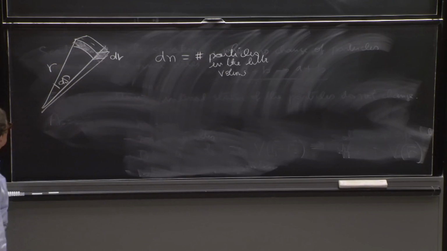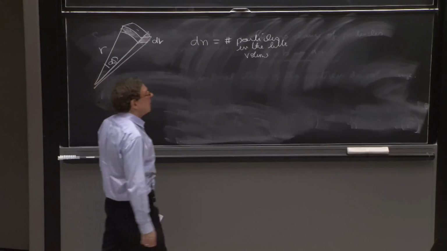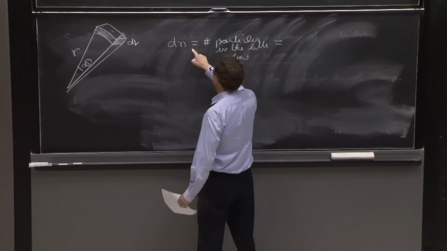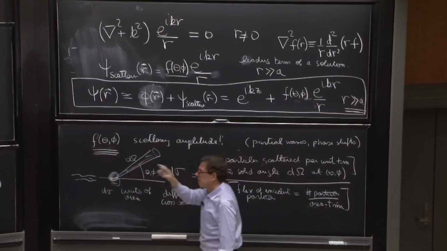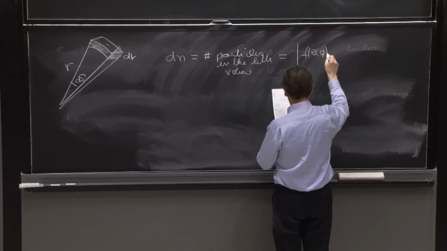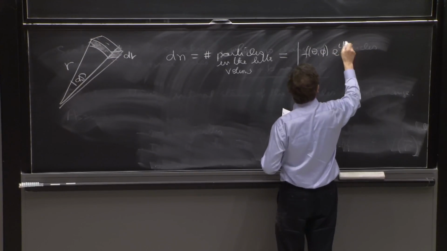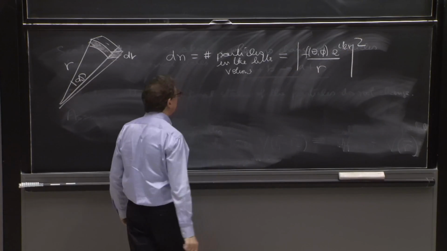So I must square the wave function and multiply by the volume. That's what you would do. So what is the square of the wave function? Now we are talking about the scattered wave function. So I must take this part of the wave function and square it and multiply by the volume. So we would have f of theta and phi times e to the i k r over r, all squared.